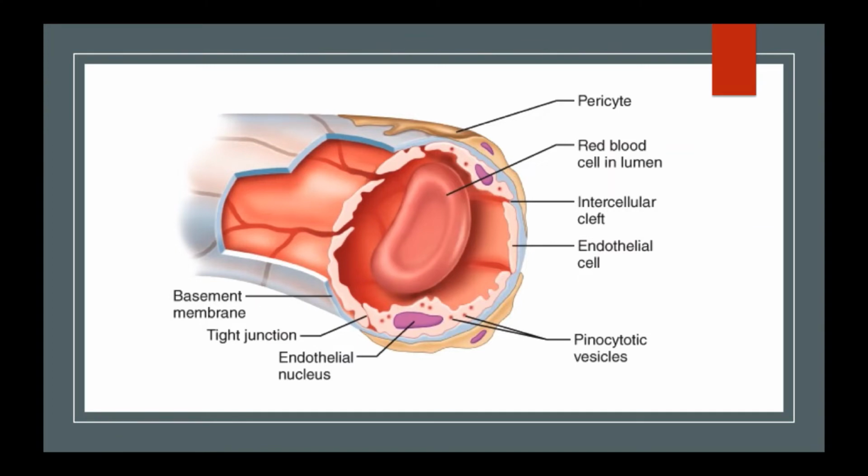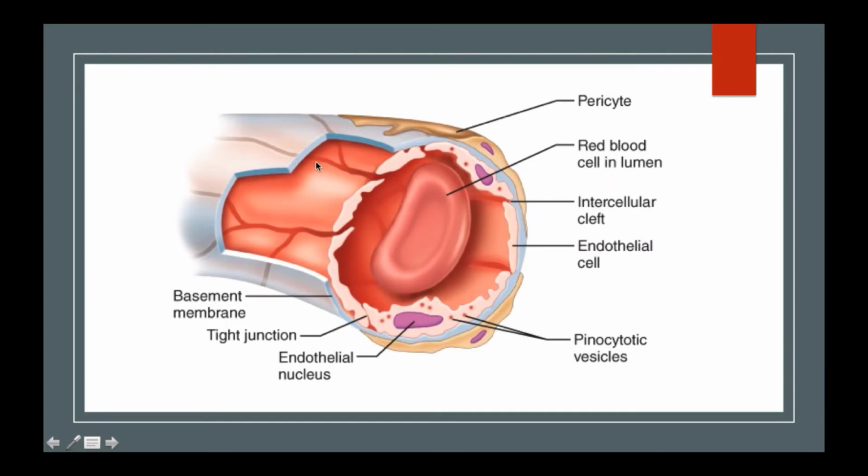When the pericytes are dead and affected, they cannot keep this brick formation intact, and they become loose, and they can start bulging outwards because of the pressure inside the blood vessel.